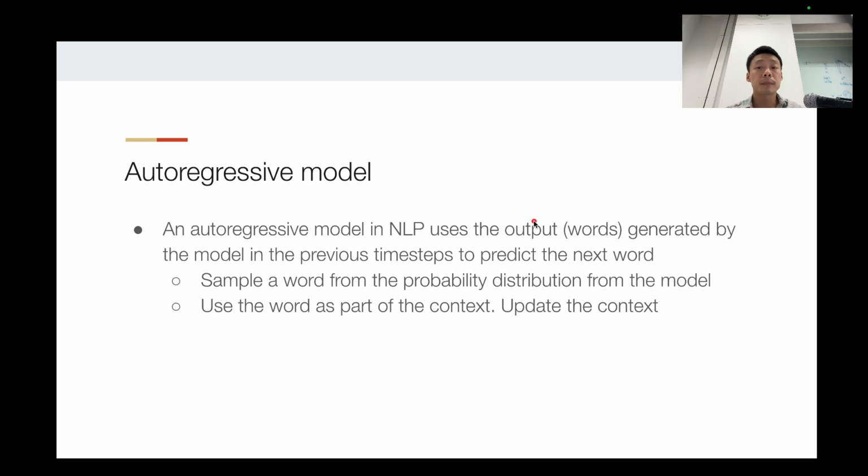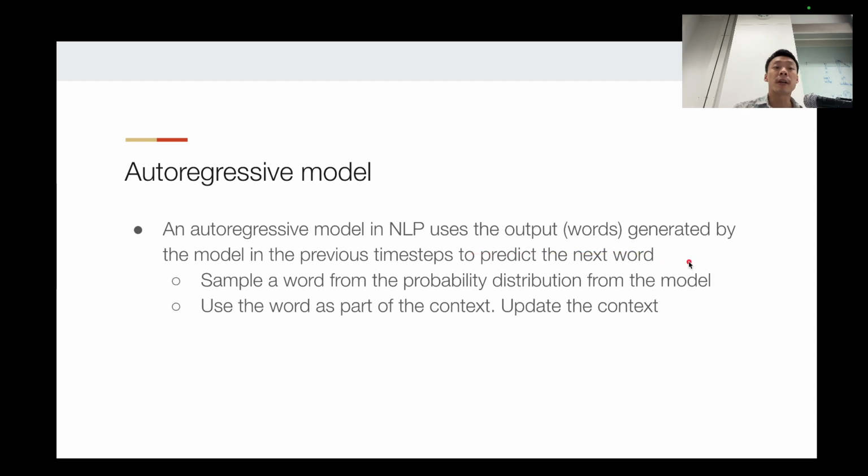All right, so another technical word that you need to know is that this is an autoregressive model. Auto means itself, right? Back to itself. And regressive means you make a prediction based on what you got from last time, like regression, like linear regression.